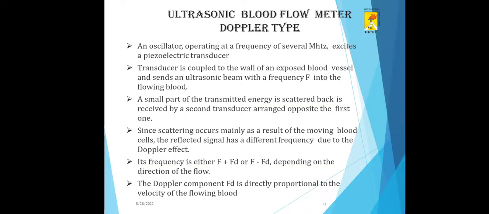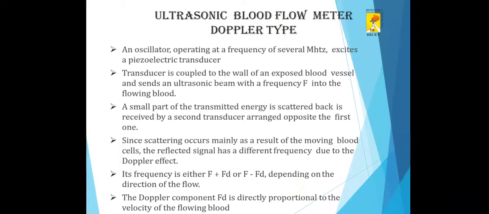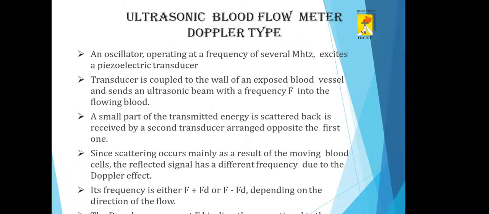In this type, an oscillator operating at a frequency of several megahertz excites the piezoelectric transducer. The transducer is coupled to the wall of the exposed blood vessel and sends the ultrasonic beam with the frequency F into the flowing blood. A small part of the transmitted energy is scattered back and received by a second transducer arranged opposite the first one.